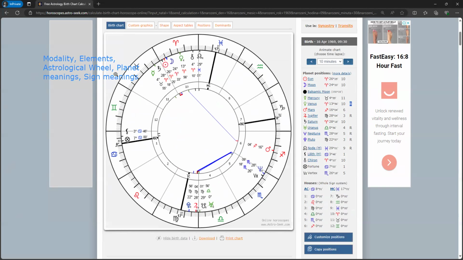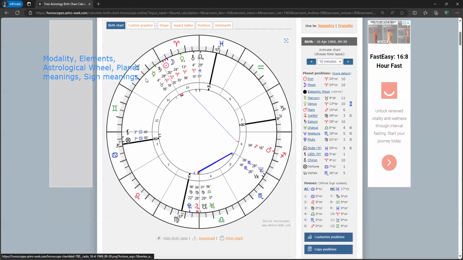Another thing for you to pay attention to in the astrological wheel is what planet traditionally rules what house and what sign. Aries is ruled by Mars. Scorpio traditionally is ruled by Mars.